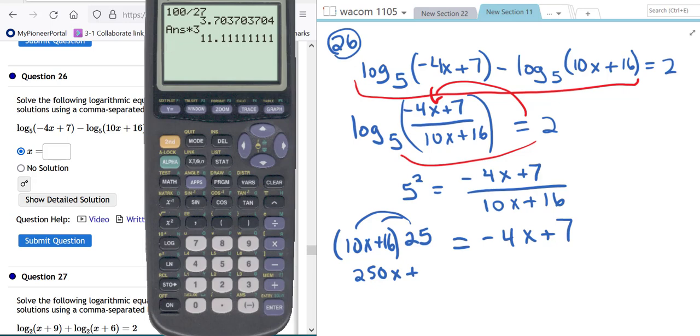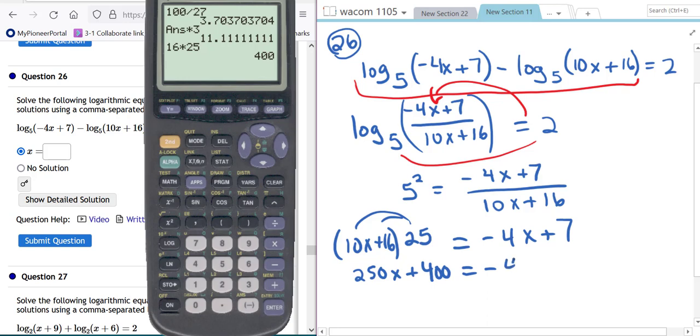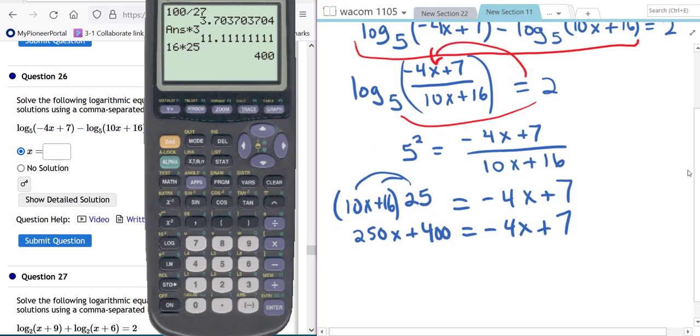I didn't see anything else wrong. So 16 times 25, 400 equals negative 4x plus 7. All right, so we will get rid of one of the x's. So I'm going to add 4x to both sides, and that will give me 254x.